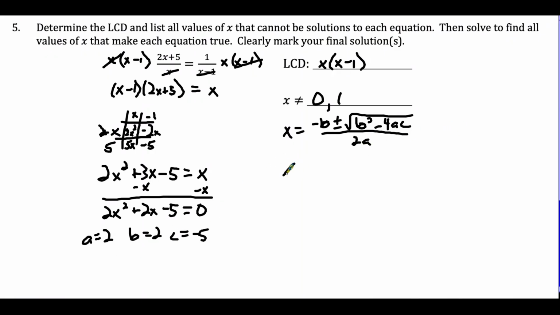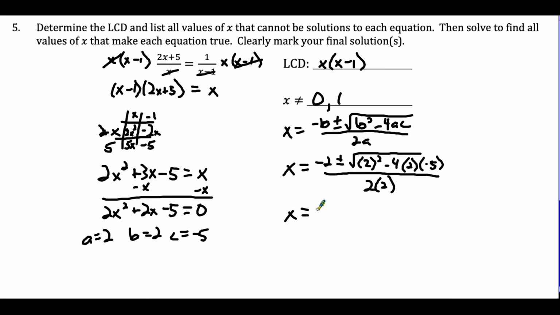So if I plug these in, the opposite of b, so the opposite of 2 is negative 2, plus or minus the square root of 2 squared minus 4 times a times c all over 2 times a. And then we just want to try to simplify from here.